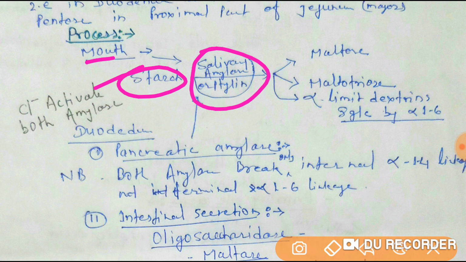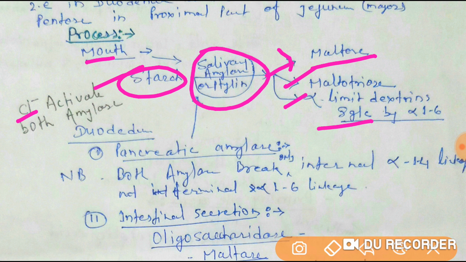I have already told that chloride activates both salivary and pancreatic amylase. Here the salivary amylase or ptyalin breaks starch into maltose, maltotriose, and alpha-limit dextrin.